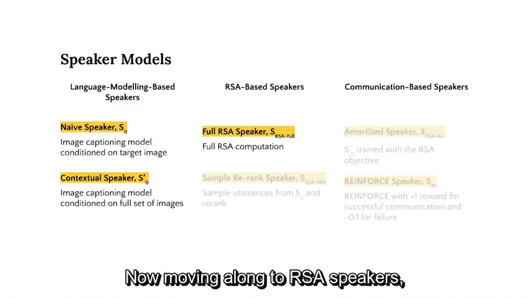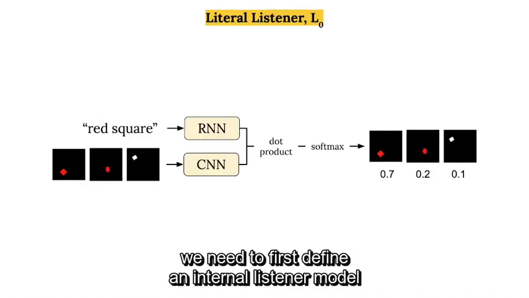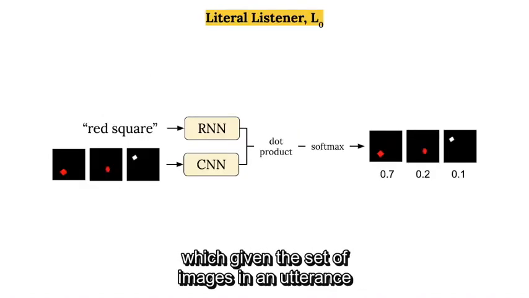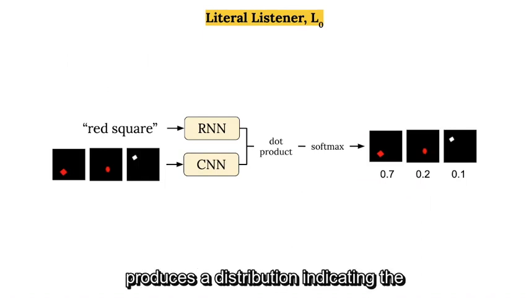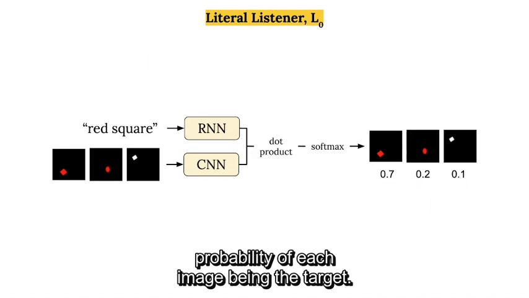Now moving along to our RSA speakers, we need to first define an internal listener model, which, given the set of images and an utterance, produces a distribution indicating the probability of each image being the target.